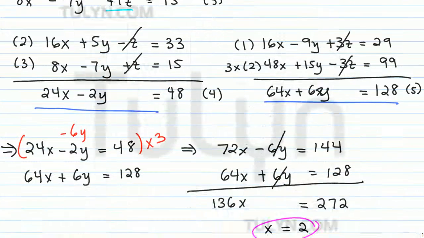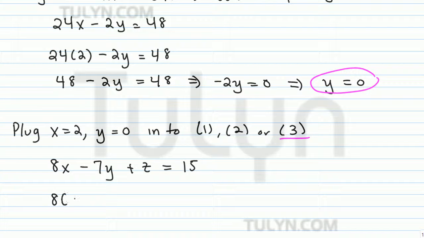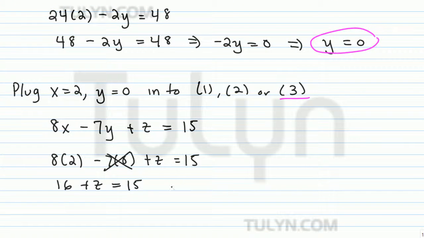So equation 3 is 8x minus 7y plus z is equal to 15. So 8 times 2 minus 7 times 0 plus z is equal to 15. 7 times 0 is just going to be 0, so we're left with 16 plus z is equal to 15.